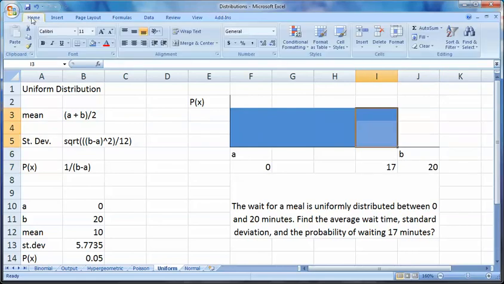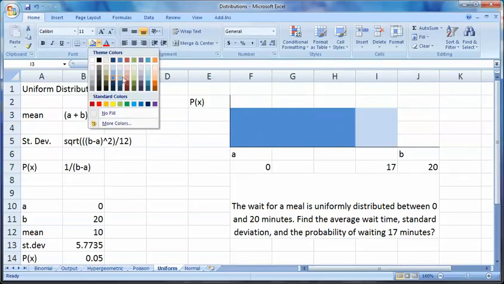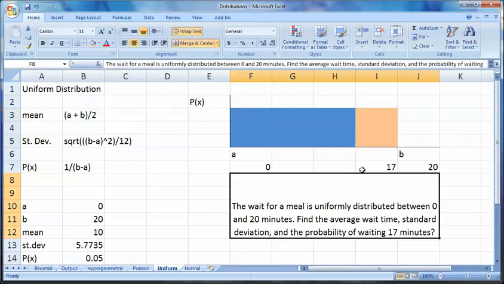And just for the sake of demonstration, I'll color this little box in, colored orange. We want to know the probability of this area. And it is exactly that, an area. So it's going to be base times height. The height is this 0.05. The base is 20 minus 17.